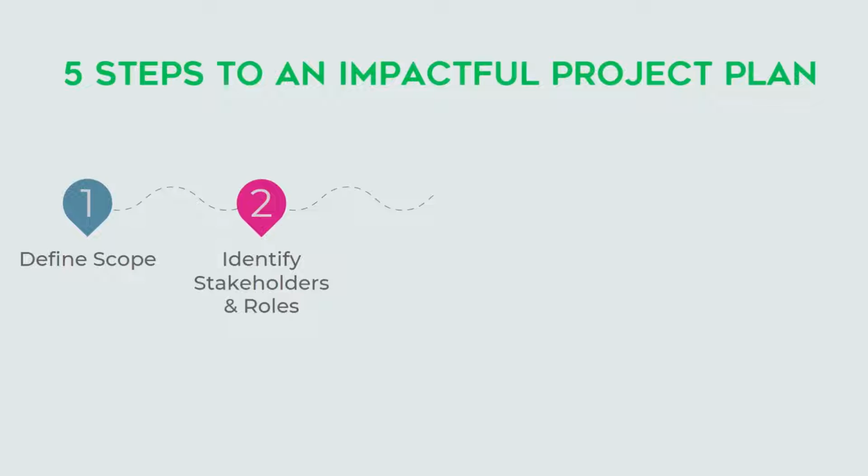Next, we want to identify our project stakeholders and define the roles that they will play in the project. Stakeholder engagement is really the foundation of projects in mission-driven organizations, so we want to consider and plan for engaging our stakeholders as early as possible in the project.